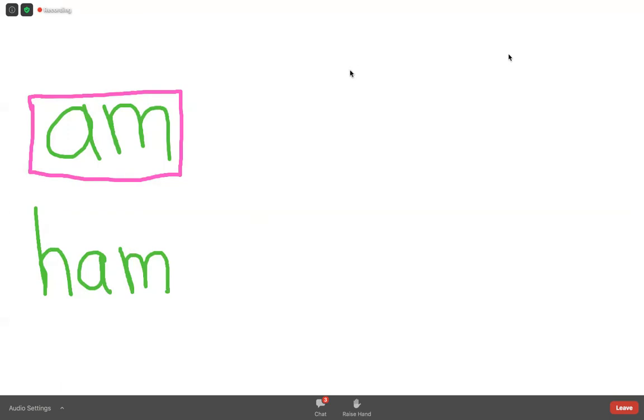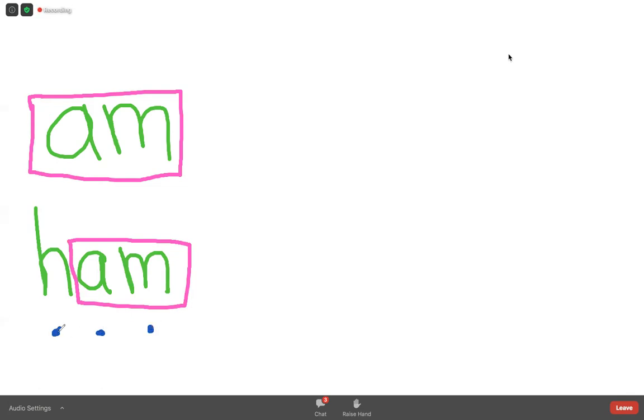Let me box in my A and my M to show us that they're all part of the same family. We're going to talk about how we can figure out what a word is if we're not sure how to figure it out, right? So we know that words are made up of sounds. So this one has h, a, m, 3 sounds, doesn't it?